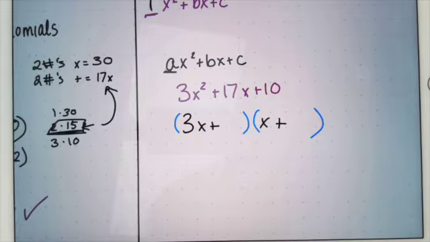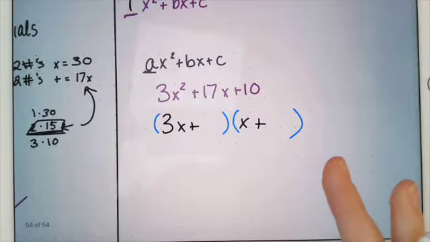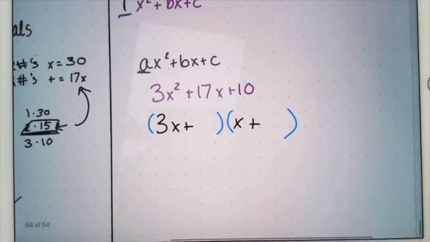Now we need two numbers whose product is 10, so that when placed in the remaining brackets and multiplied by 3x and x, it will give us a sum of 17x. These numbers are going to be 1 times 10 or 2 times 5.